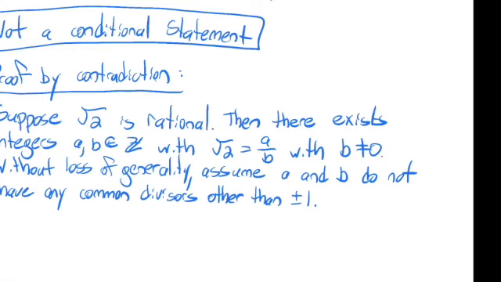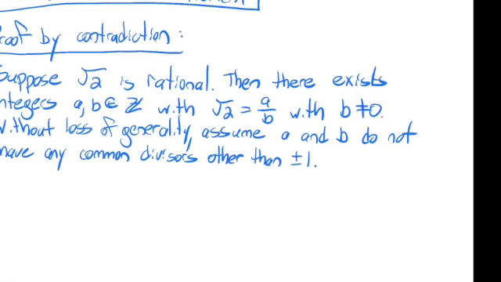Okay, so then if I square both sides of that equation, that would give me that 2 is equal to a squared over b squared.